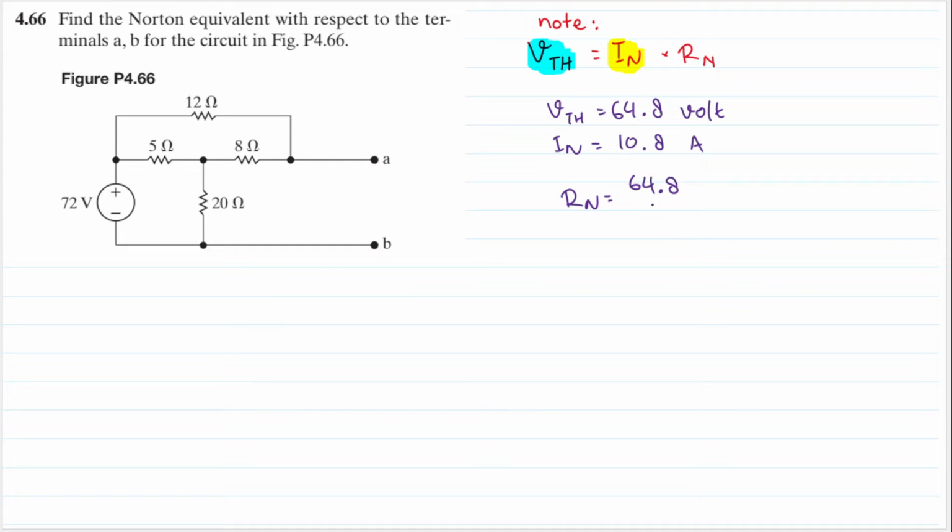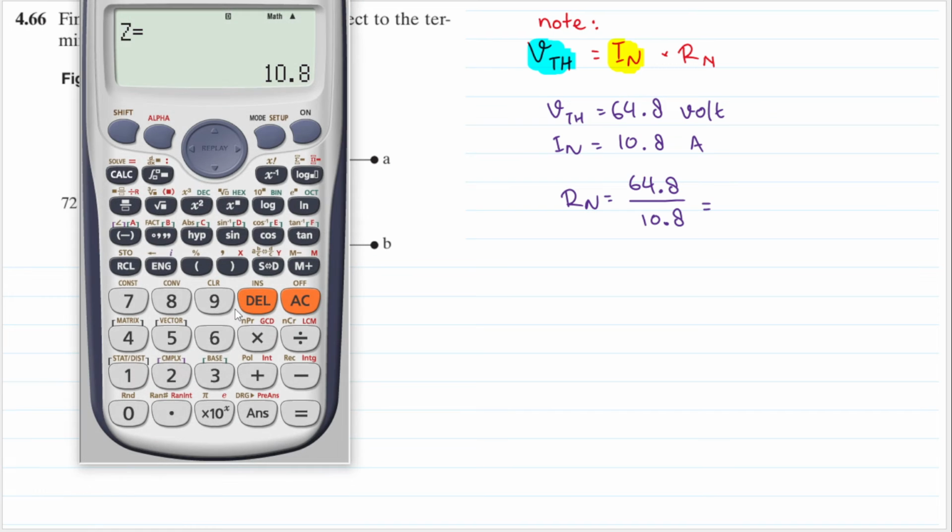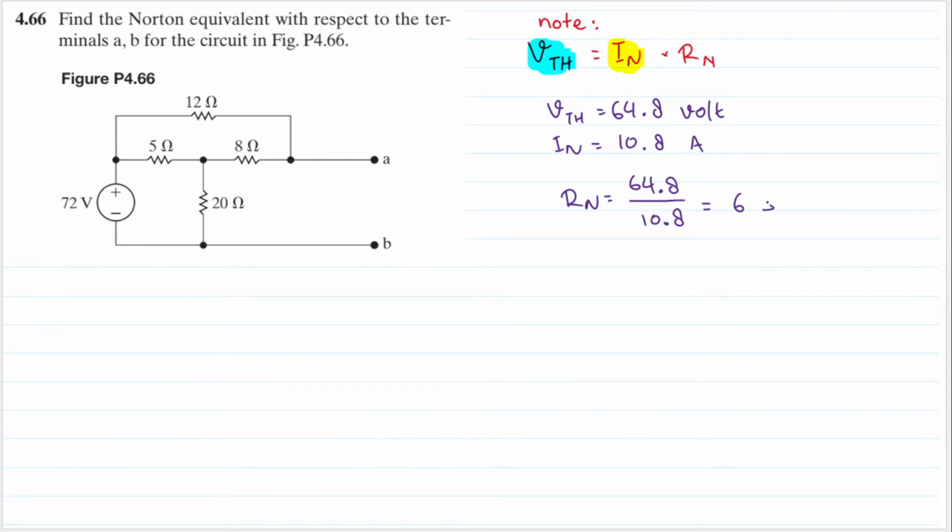So we will have 64.8 divided by 10.8. And what is the value? 64.8 divided by 10.8 is 6. We will have 6 ohm.